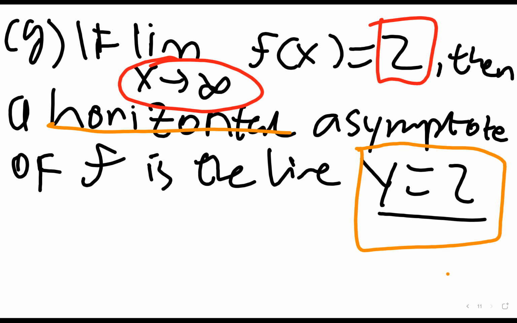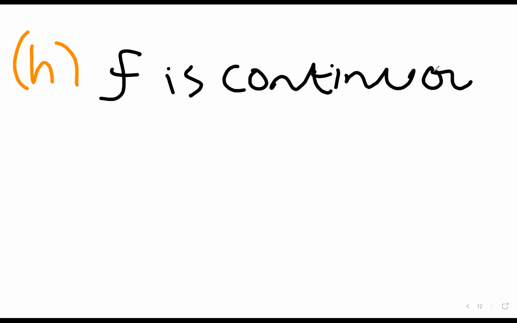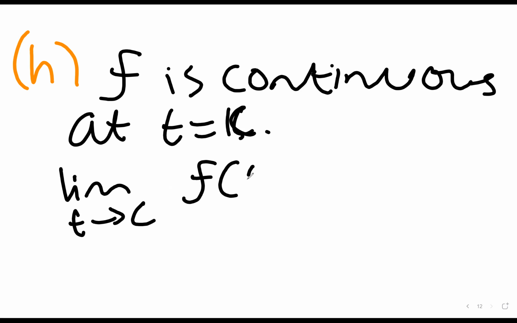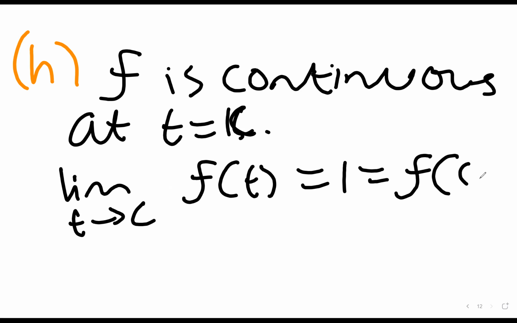I will write the answer in H: f is continuous at x equals c. The reason is the limit, sorry, the variable is t, right? The limit as t tends to c of f(t) equals 1, and 1 is the value of f(c). So the conclusion is f is continuous at t equals c.